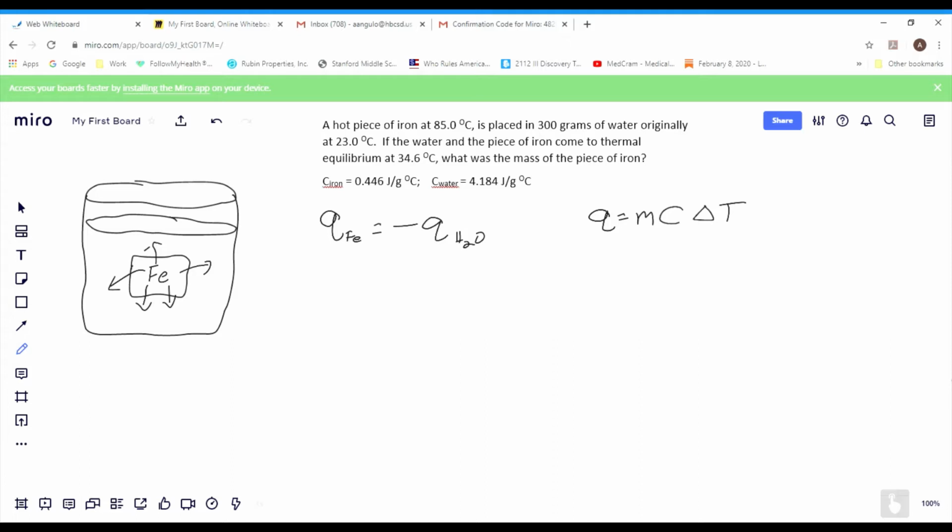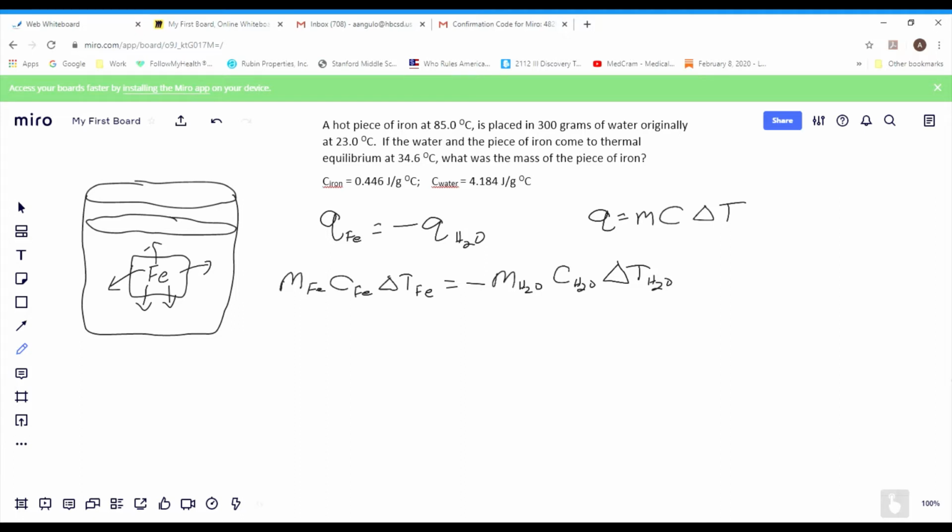So for Q of iron, I can substitute mass of iron times specific heat capacity of iron times the change in temperature, delta T, of iron, is equal to minus Q of water, which is mass of water times the specific heat capacity of water times the temperature change of water.